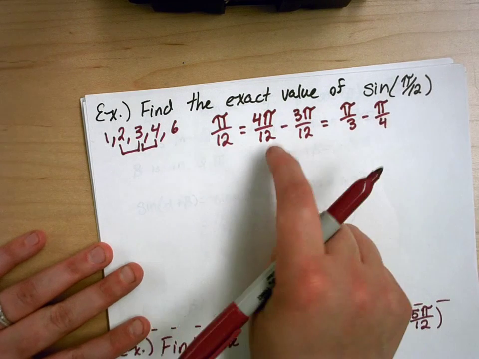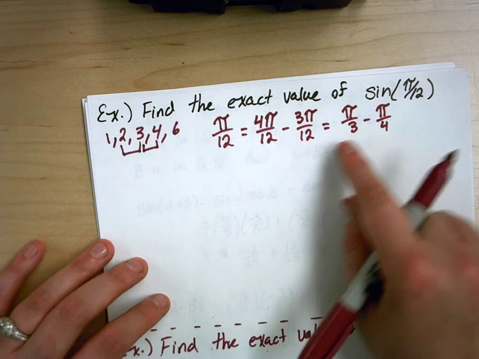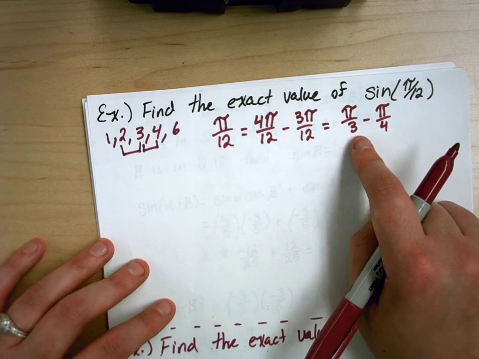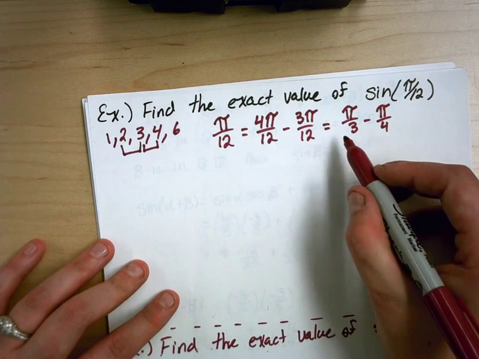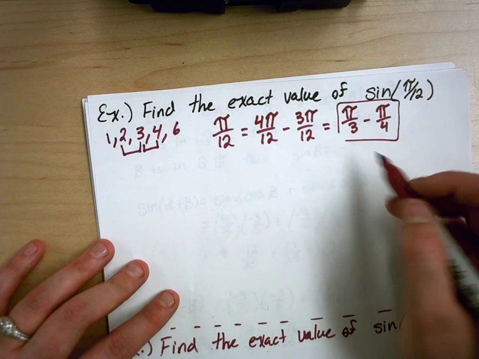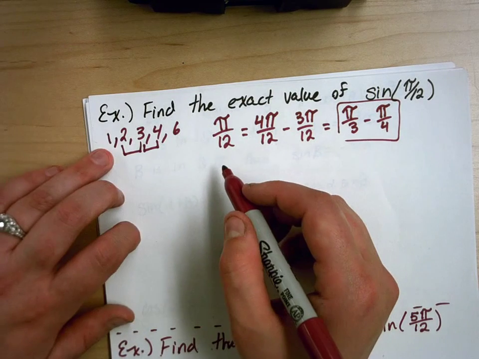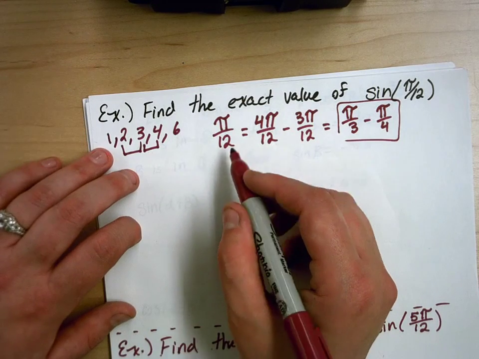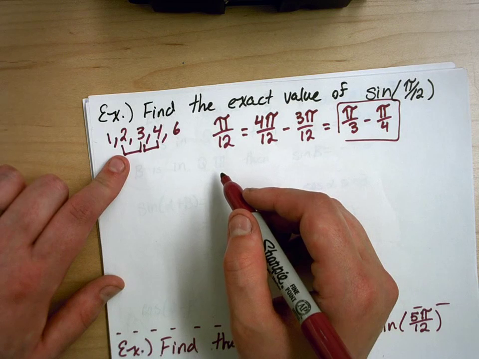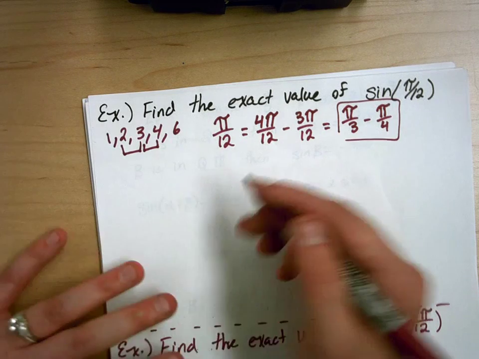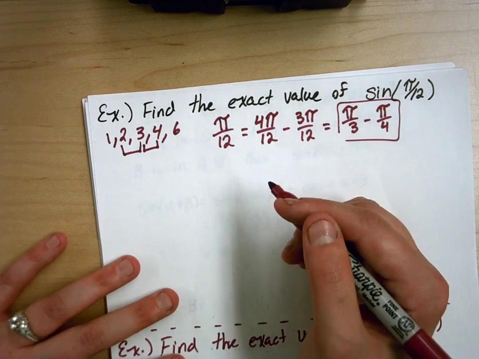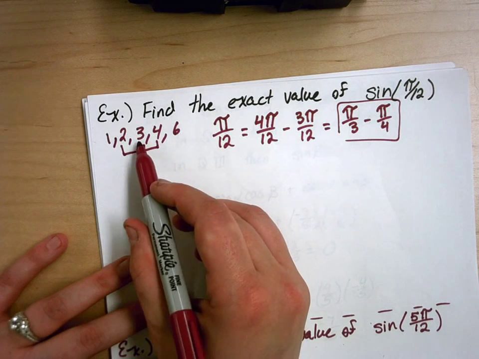See how those reduce? And pi over 3, as well as pi over 4, are both values that I know on the unit circle. Whereas had I used just 1, then I would have had pi over 6 minus pi over 12, and I still don't know what pi over 12 is. Let's see if this one works.